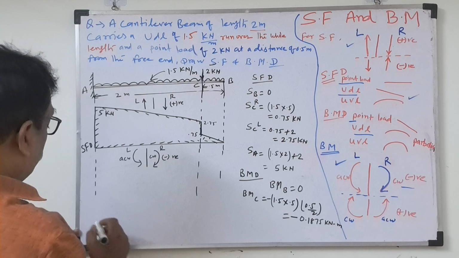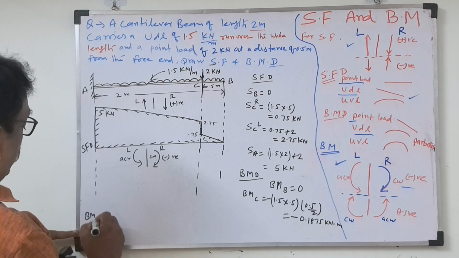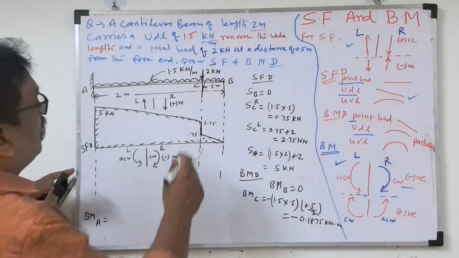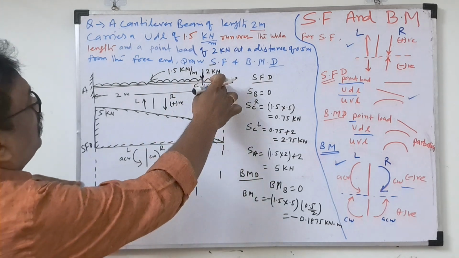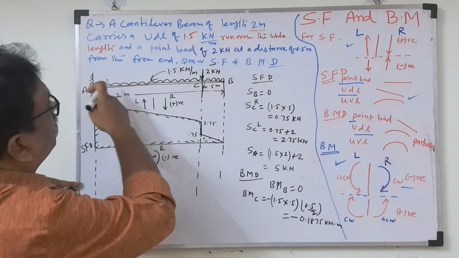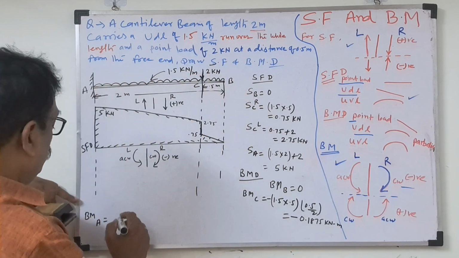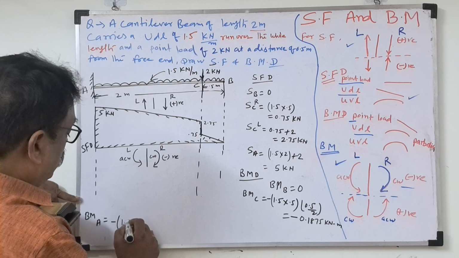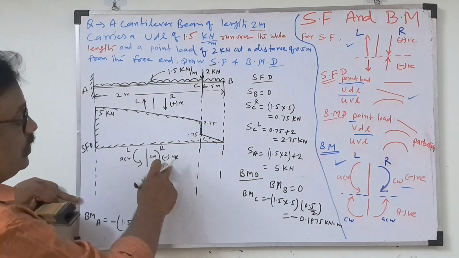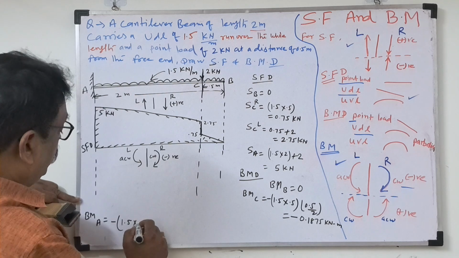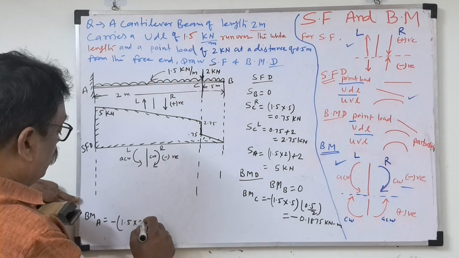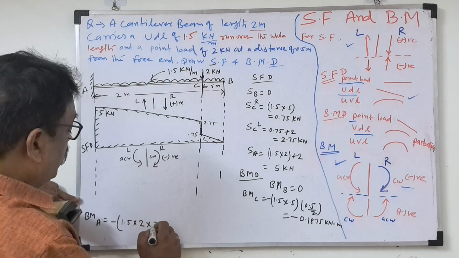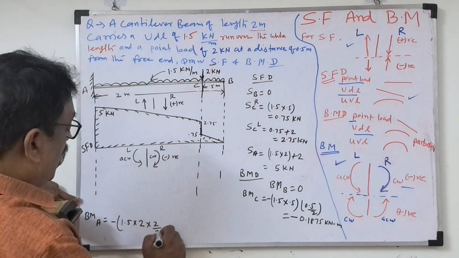Now we'll take the bending moment at point A. So again we'll start from the beginning. See, the entire length has UDL. So first you take minus, because from the sign conventions it will be minus, 1.5 into 2, the entire length, into 2 by 2, the half distance.